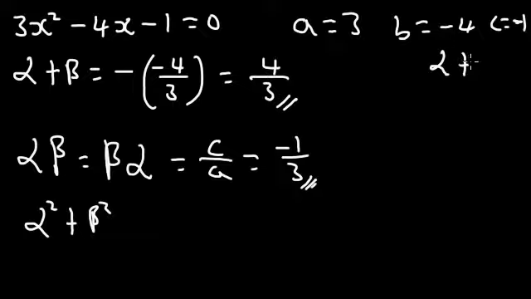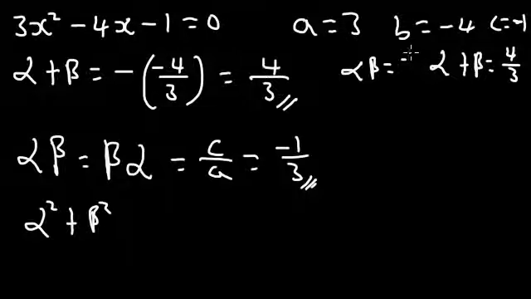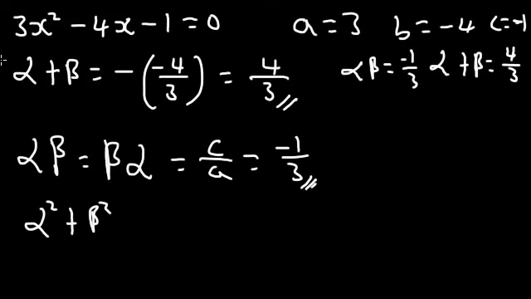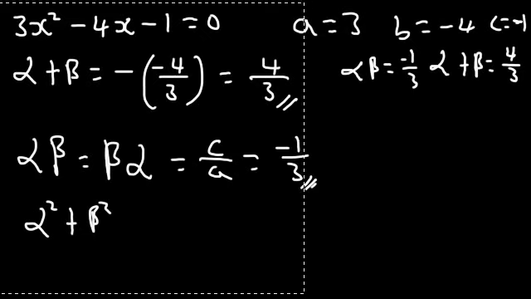So let's put it in here. Alpha plus beta equals 4/3, and alpha beta equals -1/3. So these are what we'll be referencing as we proceed forward. Now we can get rid of all this.